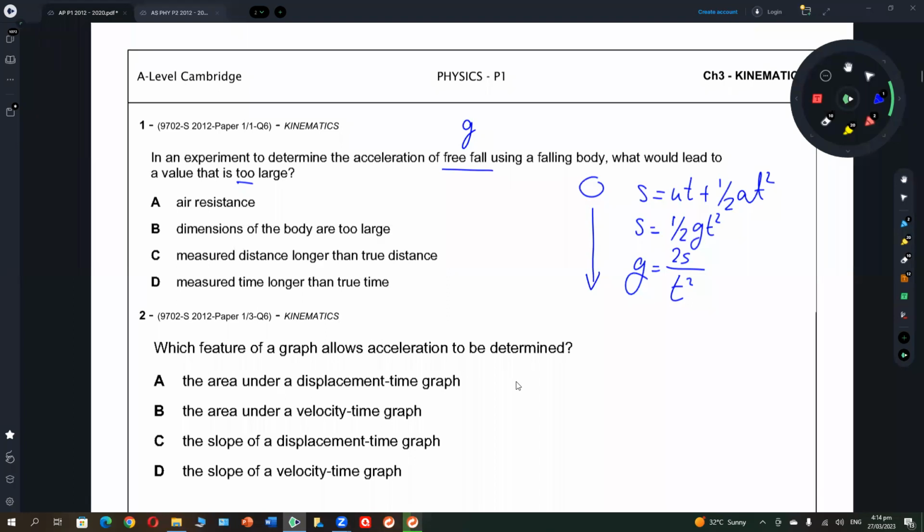Time will be large. So if air resistance is present, T will increase. According to the equation, if T increases, G will decrease. He wants too large. So this is cancelled.